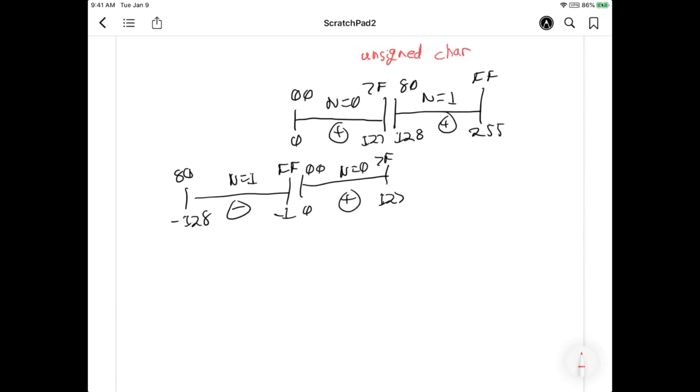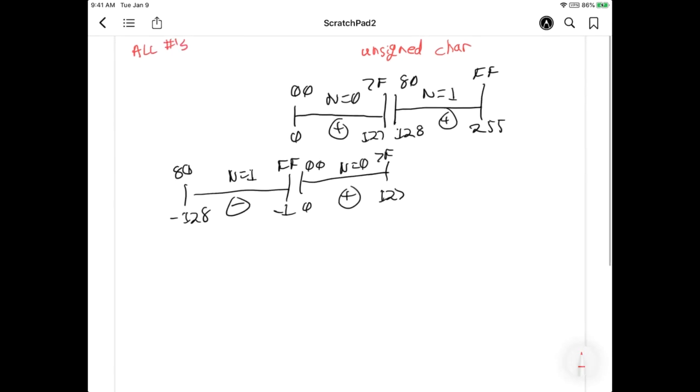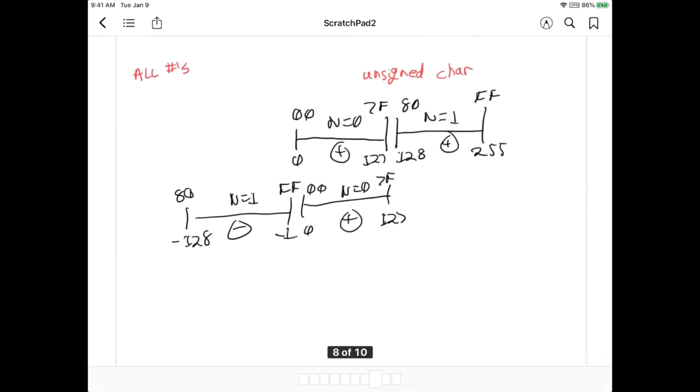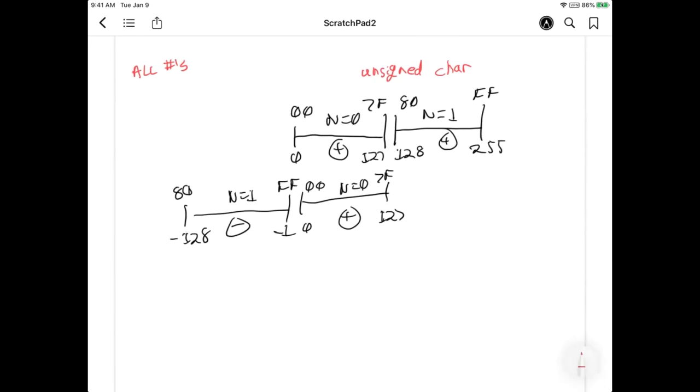For unsigned char, all numbers are positive, and the N, which is our MSB, has no meaning. We can see that by looking at our unsigned line here: whether N is 0 or N is 1, they're happy positive numbers.